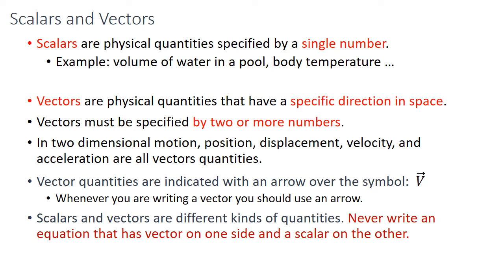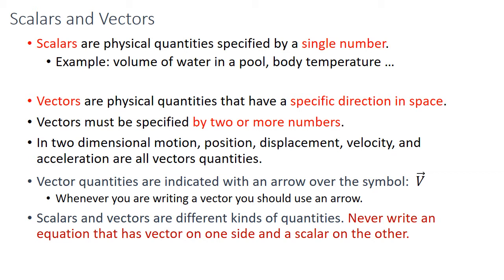We have to be careful while we're dealing with vector quantities because we cannot add or subtract vector quantities as we do with scalar quantities, because we have to worry about the direction. Depending on the direction, these quantities can be added or subtracted. Sometimes we can write what we call vector equations, and we have to distinguish between those and scalar equations.